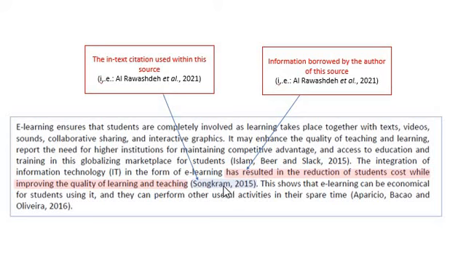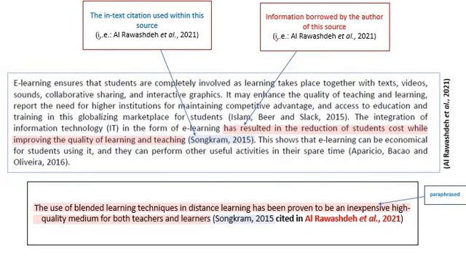Now this in-text citation again is provided by the author of this text, and this particular piece of information is cited in this source. It's borrowed from this source. So as a student, when I borrow this piece of information, I paraphrase it and then I include the proper secondary in-text citation.